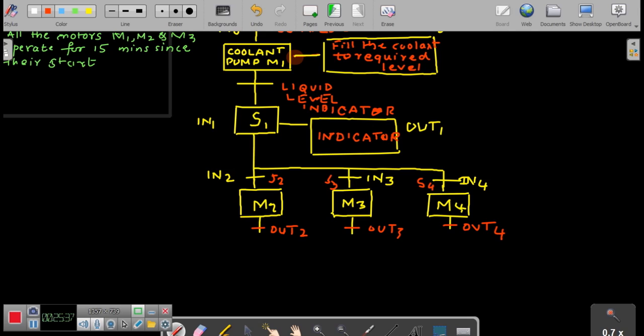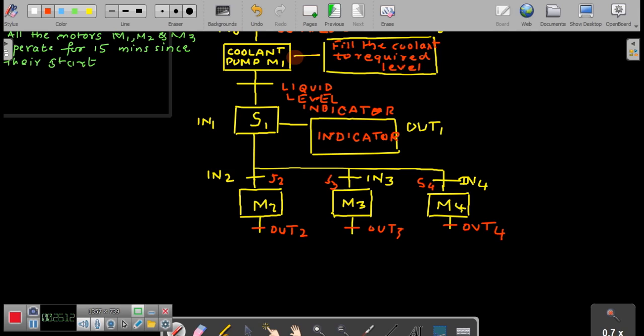Out1 and IN3 will result in the turning on of M3, and same way out1 and IN4. Every time I say out1 and, you will have to listen to that word carefully, because we are doing some logical operation here. So out1 and IN2, out1 and IN3, out1 and IN4 would make M2, M3 and M4 to be turned on.